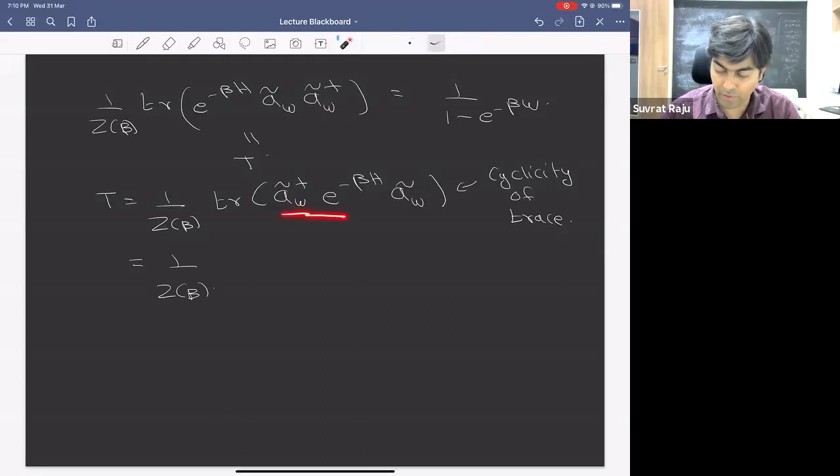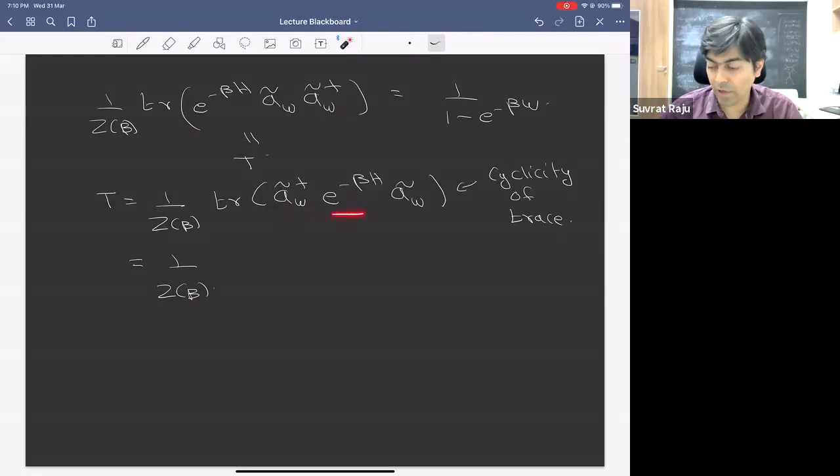In fact, I've been writing down the commutator for a omega tilde, but there's obviously the opposite commutator for a omega tilde dagger. And I have here e to the minus beta H, and I have a omega tilde dagger. But remember, a omega tilde dagger reduces the energy. Okay?